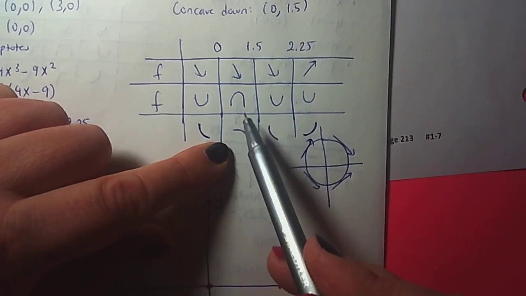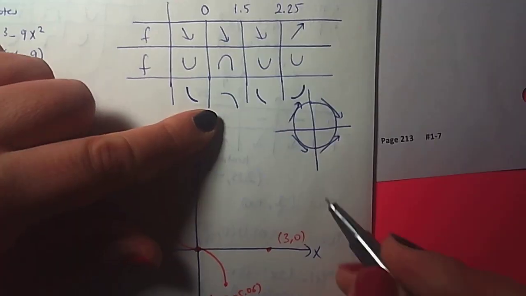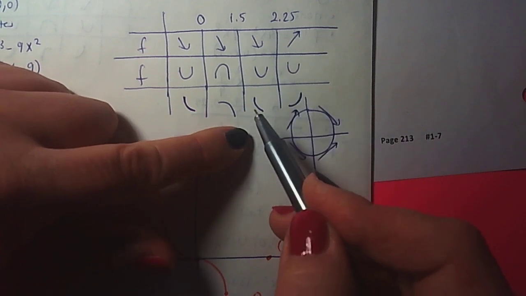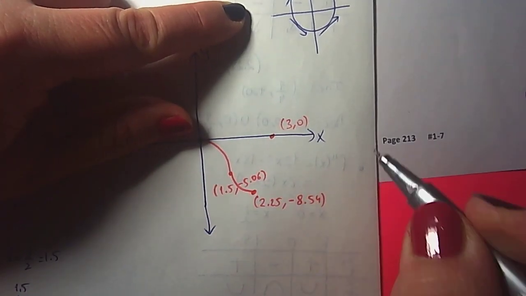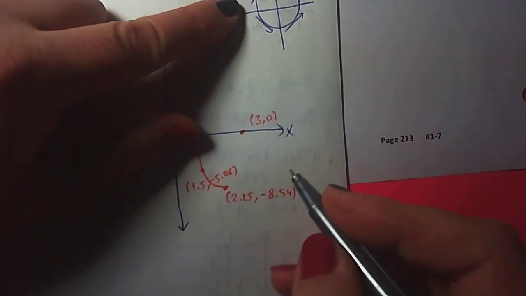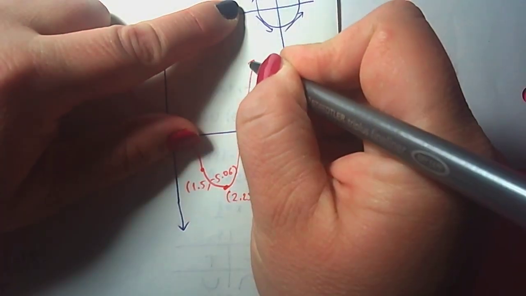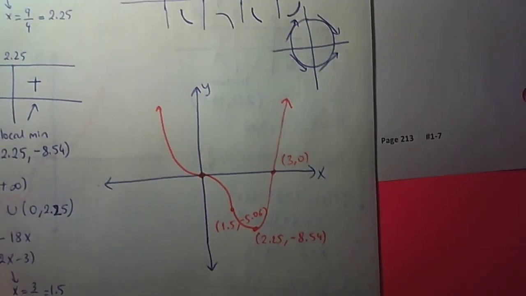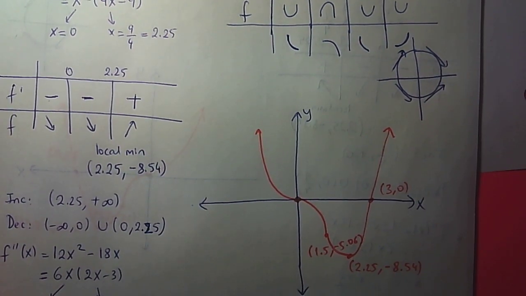Between 0 and 1.5, it should look like this. Between 1.5 and 2.25, it should look like this. And when x is greater than 2.25, it should look like this. Please go to part 2 for the second example.